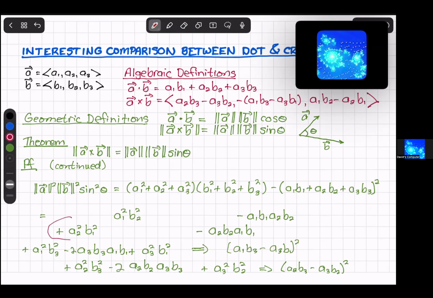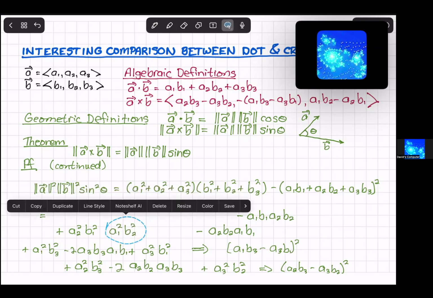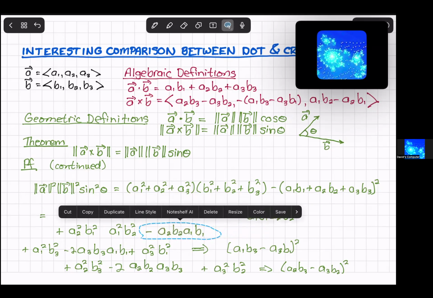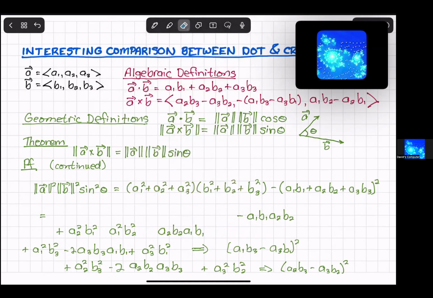The last four terms here are going to combine into a third perfect square. So I have A1 squared B2 squared. I can subtract two copies of A1 B1 A2 B2, with the correct coefficient.